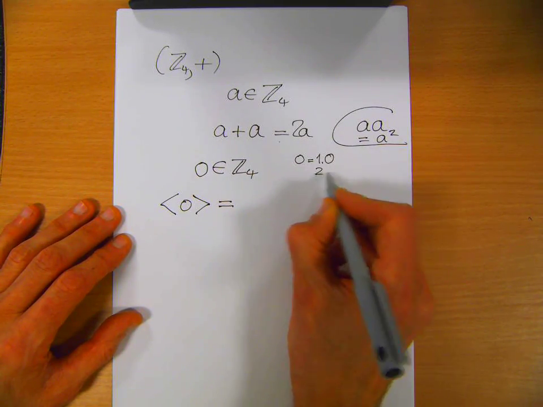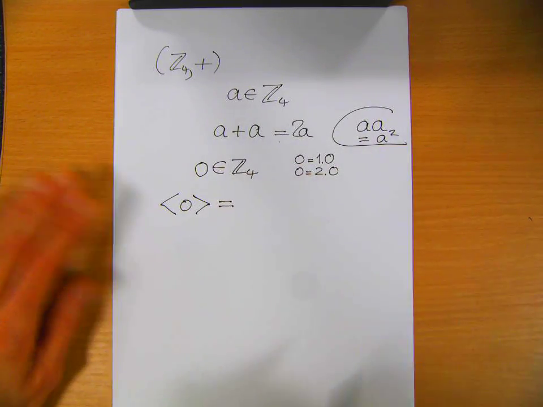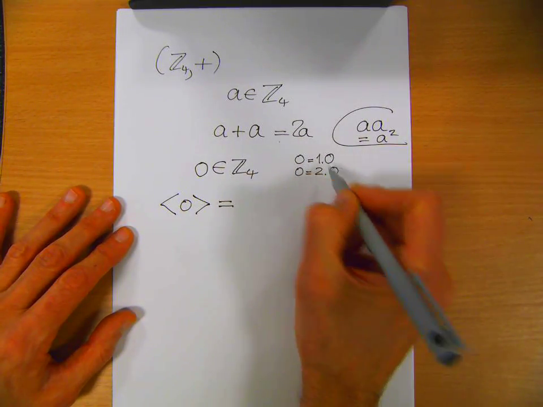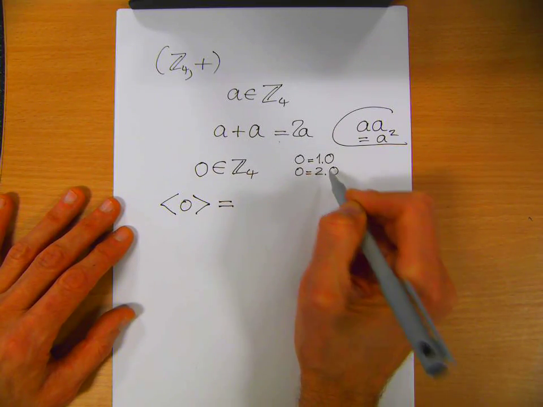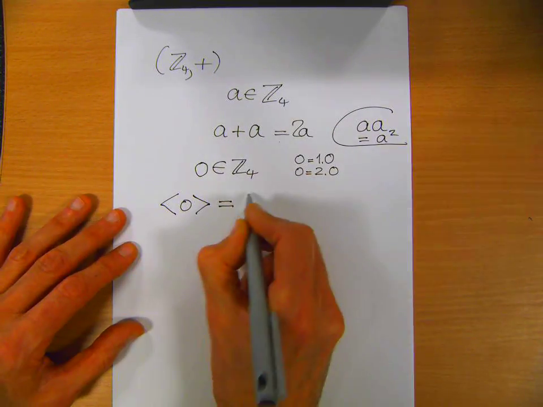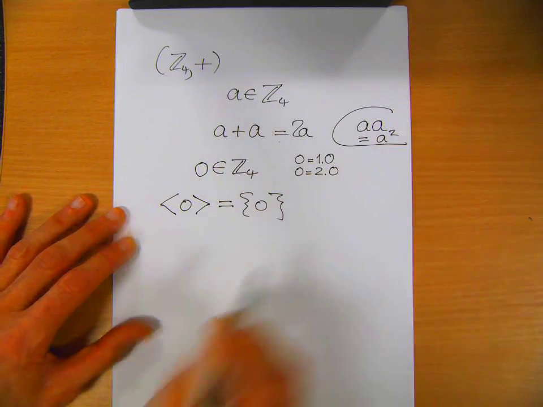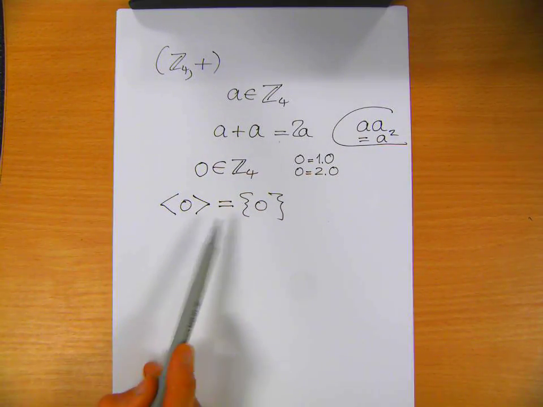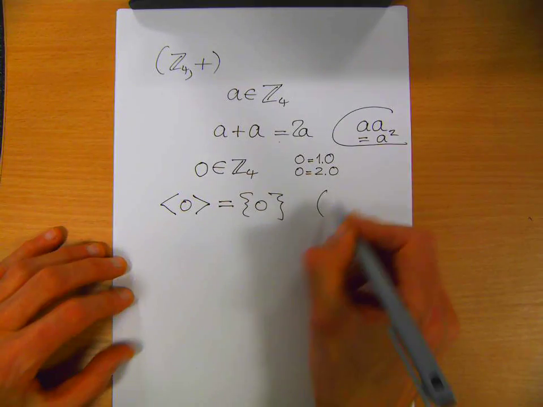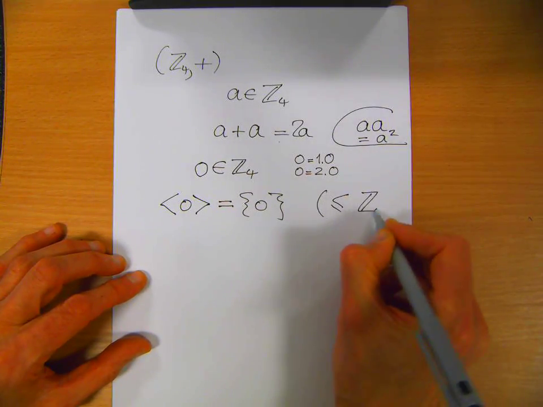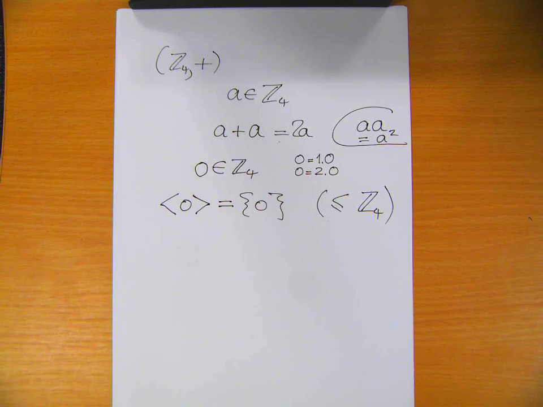I can look at 2 times 0, but I'm always going to get 0. And I can look at negative powers, if you like, of 0, but the only thing I'm going to get is 0, and that's always the case. The subgroup generated by the identity element is just the trivial subgroup. So that's certainly a subgroup of Z4. It's not a very exciting one.